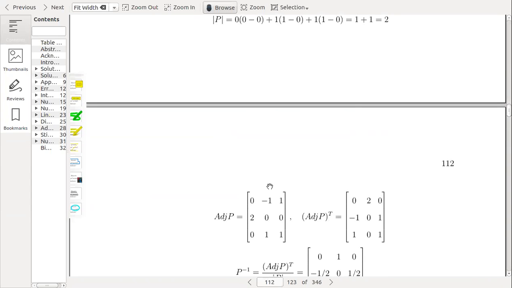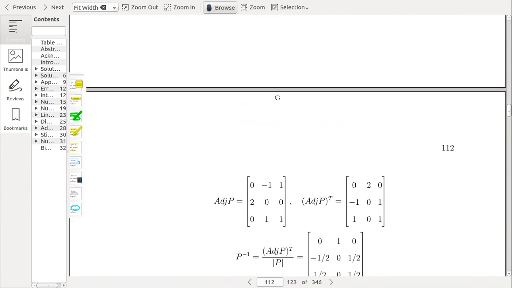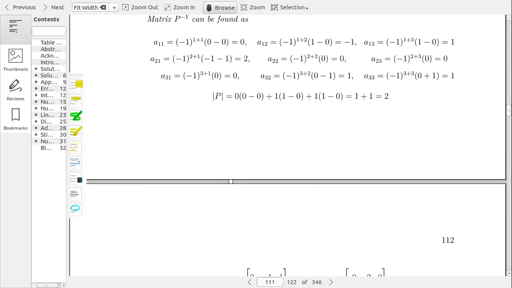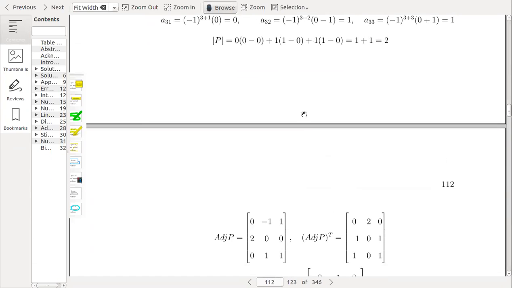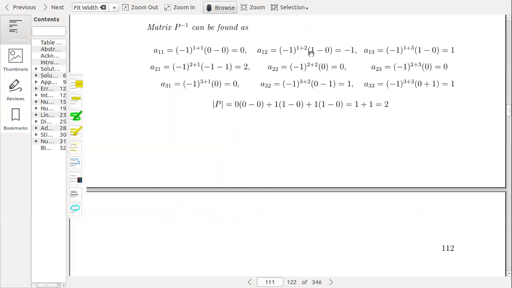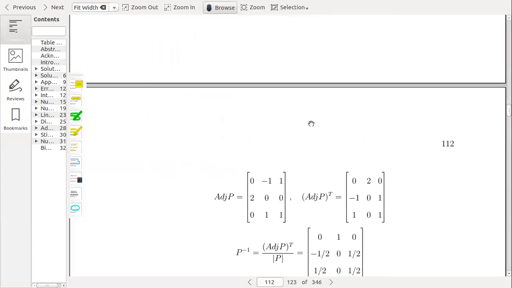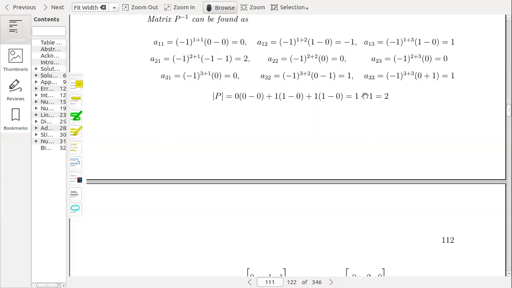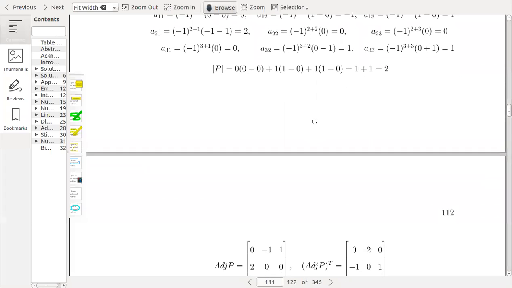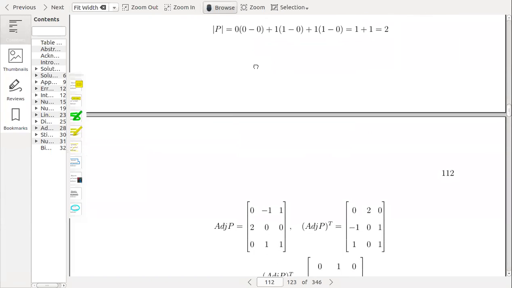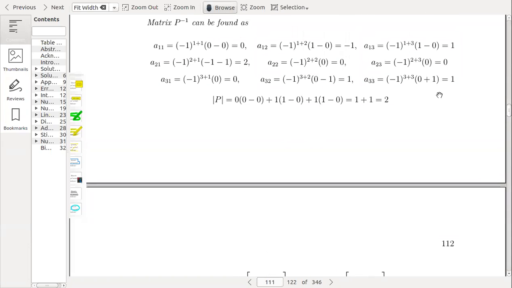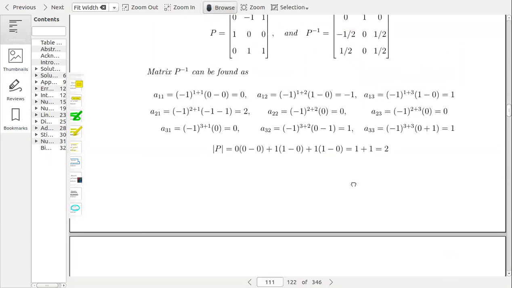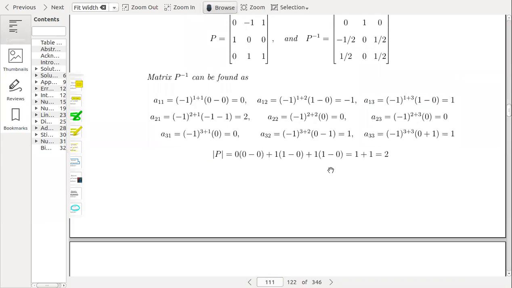The adjoint of P is the transpose of the matrix of cofactors, which is A11 equal to 0, A12 is equal to minus 1, A13 is equal to 1, A21 equal to 2, A22 0, A23 0, A31 0, A32 1, A33 1. And the determinant of P is 2.